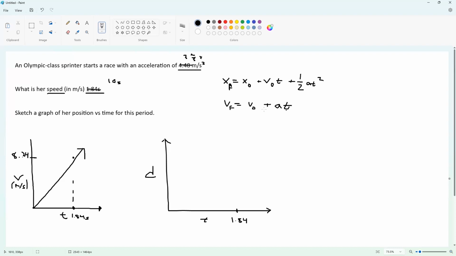In this case, what would m be? What would the slope be in this formula? It'd be v naught, or would it be acceleration times time? Acceleration times time is mx, yes. But which one of these is m? Which one is the slope?